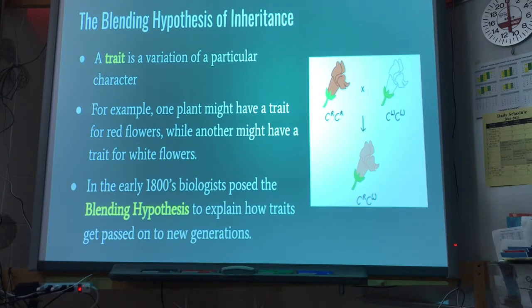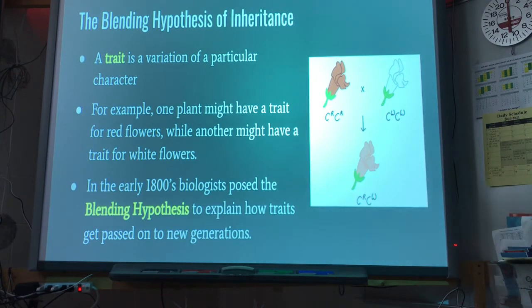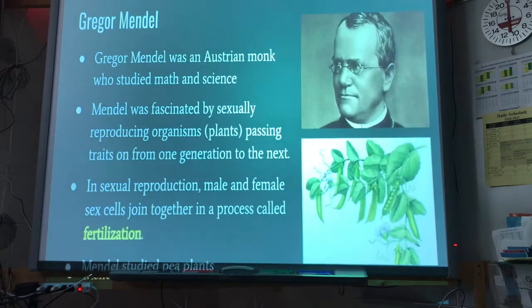That'd be like pouring green and green and getting blue. It doesn't happen. If the blending hypothesis is correct, that should never occur. However, it does happen. If I mix a pink and a pink, I do get the white to come back. I get the red to come back. Mendel disproved the blending hypothesis.